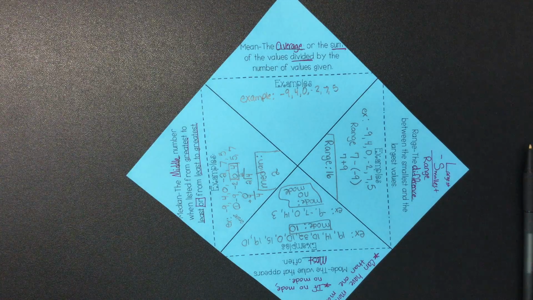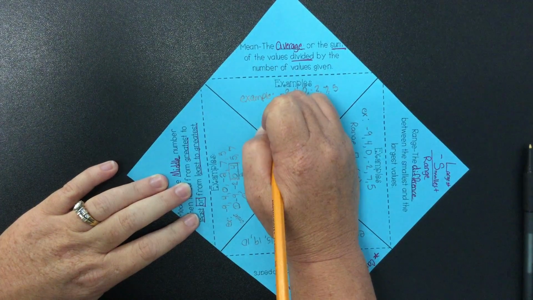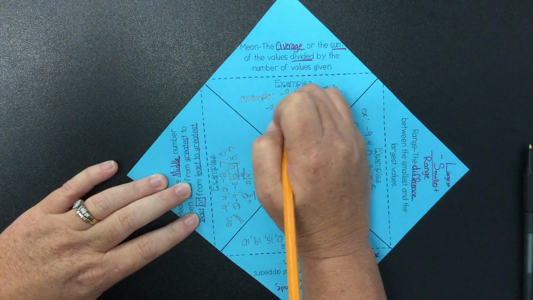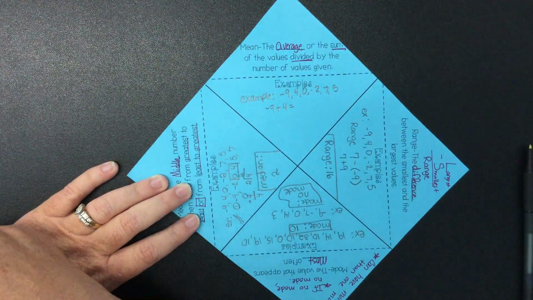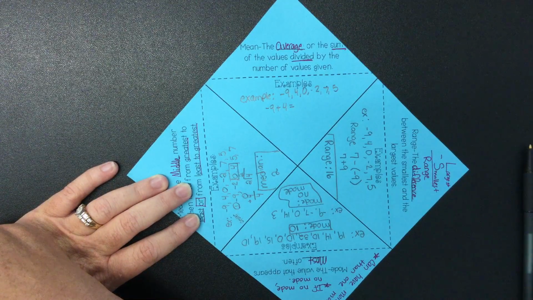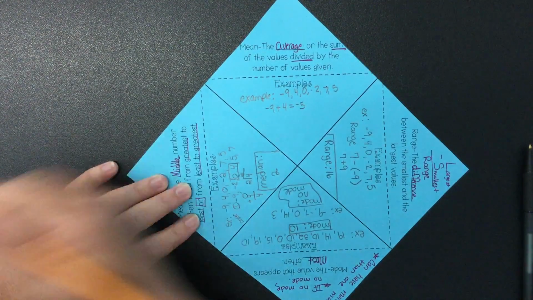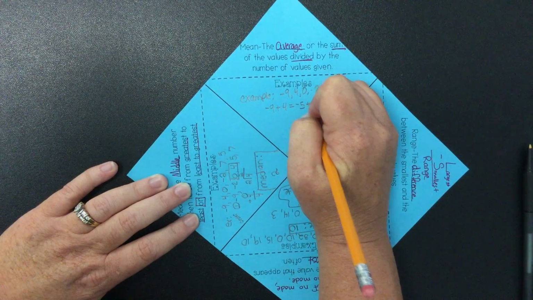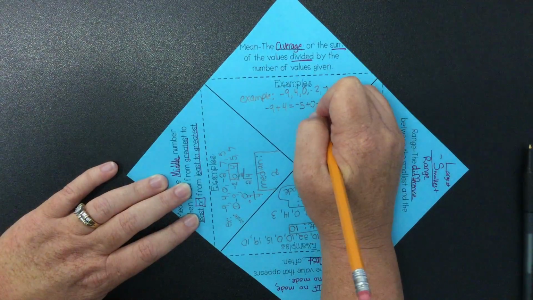The very first thing that I need to do is add all of these numbers up. And what I do is I just take it two numbers at a time. I'm going to do -9 plus 4, which gives me what? -5. Does everybody agree? Yes. -5 plus 0 is what? -5.